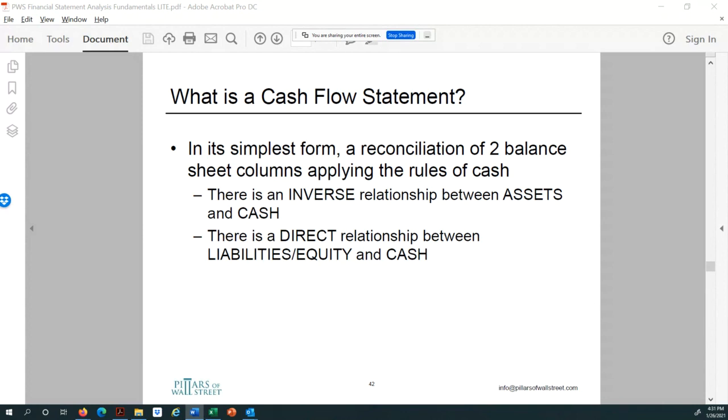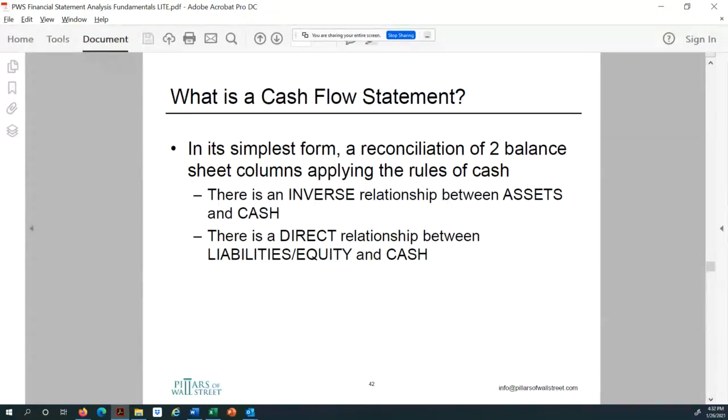Can you explain the rationale of prepaid expenses when it goes up and down? Yep. So take insurance, for example. Prepaid expenses is an asset, right? So if prepaid expenses goes up, what does that mean?